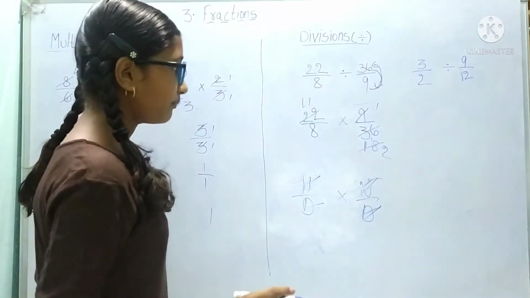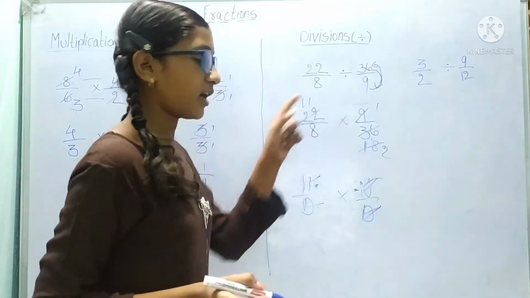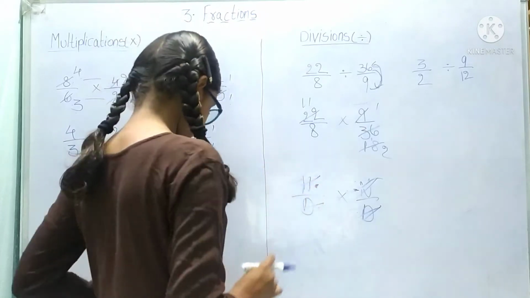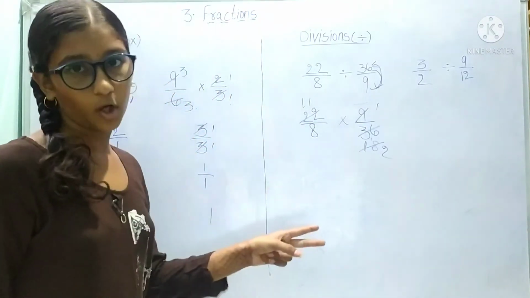Don't cancel 22 and 9; that is not the right thing. We have to cancel only numerator and denominator.